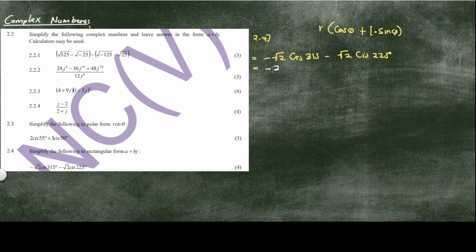Minus square root 2, open bracket. You're going to expand this, and it now becomes cos 315 degrees plus i times sine 315 degrees.